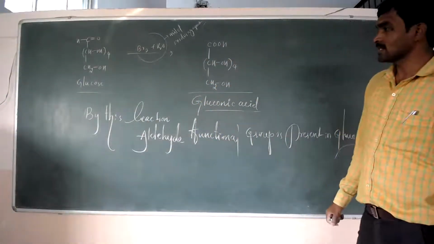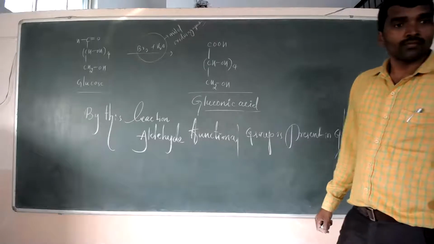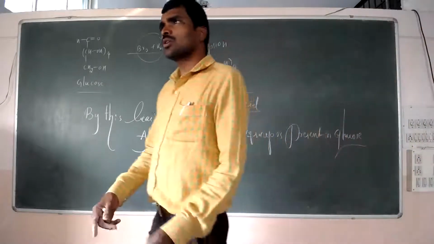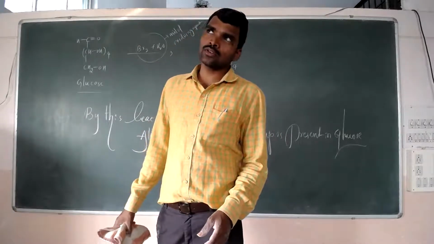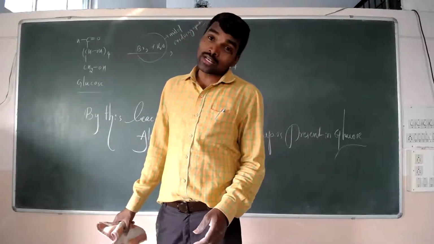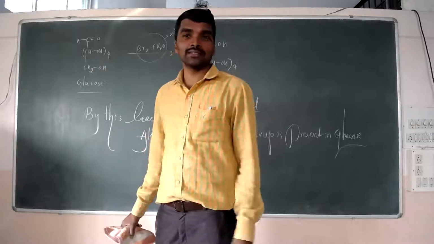Okay, sir. So glucose has 6 carbons. Glucose has a carbonyl group, and that carbonyl group is aldehyde.